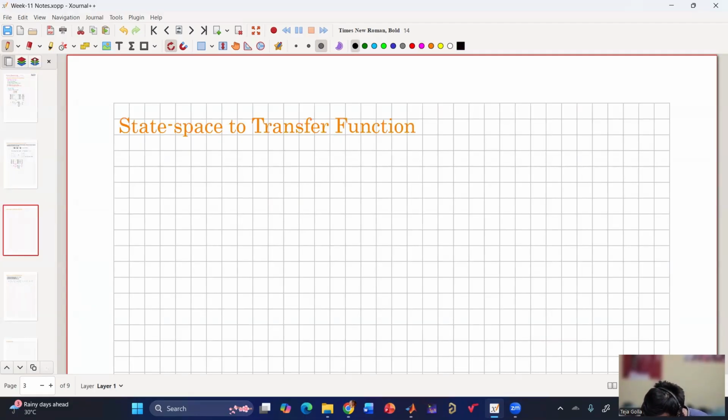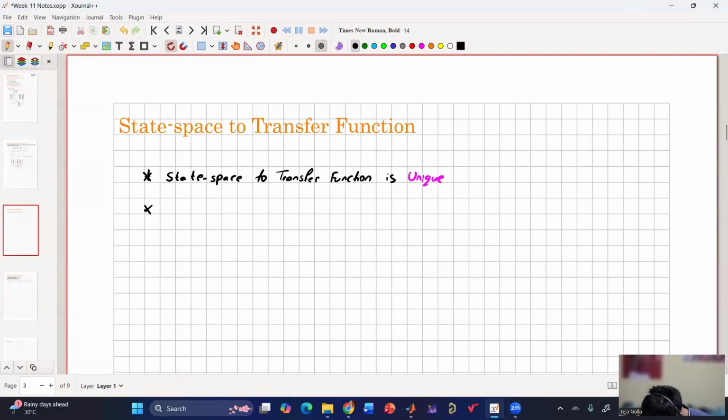So one important thing is state space to transfer function is unique. However, the other way around is not true. This is unique.